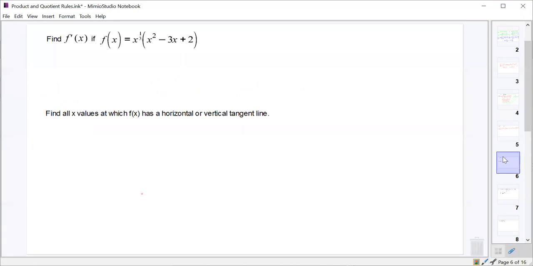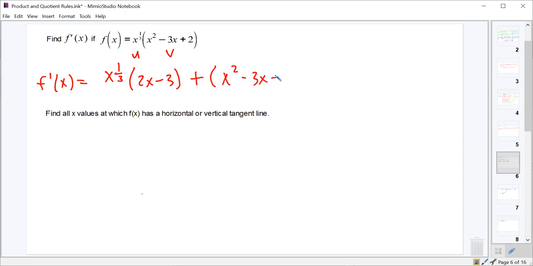All right. So let's take a look at this one. What's our u function going to be? Probably this x to the 1/3. Yep. And our v will be x squared minus 3x plus 2. So if we're going to do the product rule here, f prime of x should be u times the derivative of v plus v times the derivative of u.